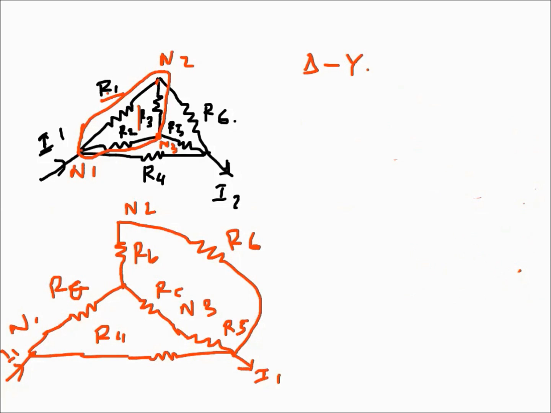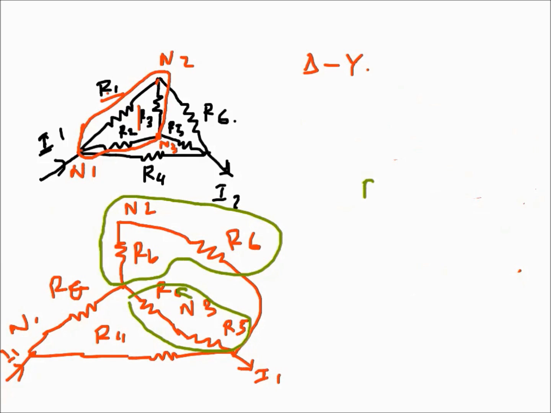Now we can see that RB plus R6 are in series, and RC and R5 are in series, and these two are in parallel. So RB plus R6 in series is in parallel with RC plus R5.